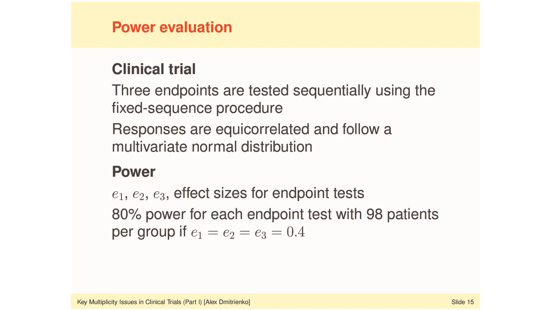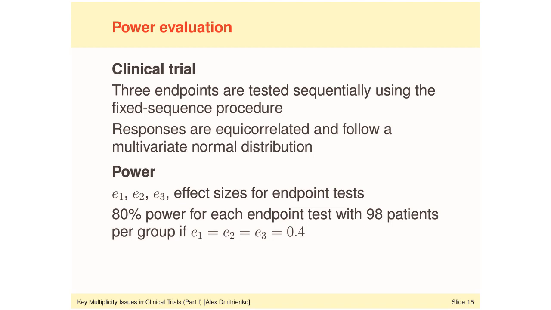And to help us quantify the impact of underpowered tests on the power of the overall fixed sequence procedure, and also to help us understand how robust this procedure is, I'm going to present the results of a simple simulation study. We're going to consider a clinical trial with 3 ordered endpoints.